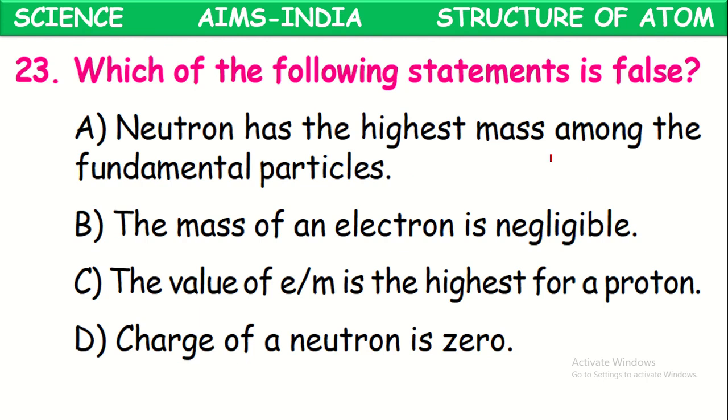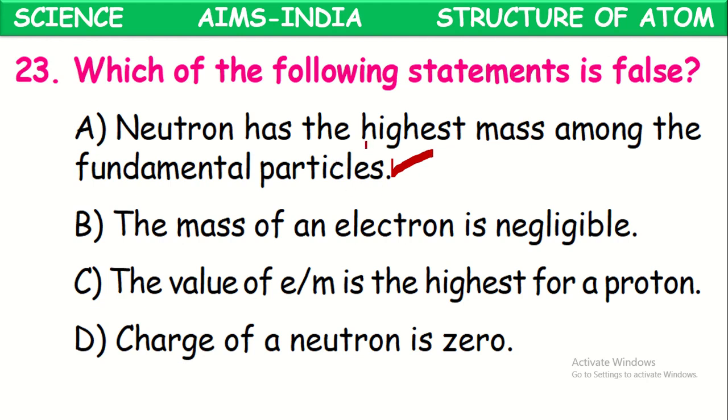Next, which of the following statements is false? See the statements once. First one, neutron has the highest mass among all the fundamental particles. Of course, it is correct. Actually, we say neutron and proton have almost a similar mass. But to say accurately, the mass of a neutron is slightly greater than that of a proton.